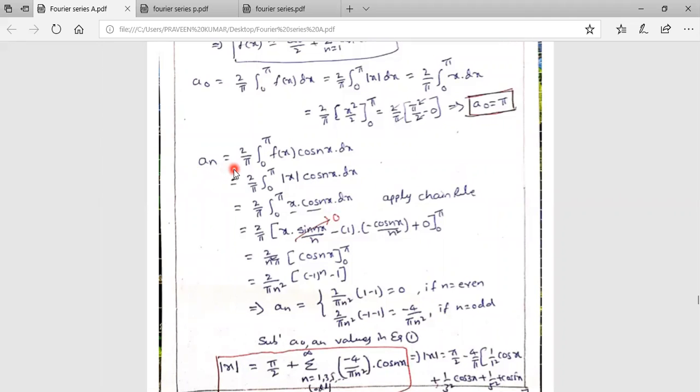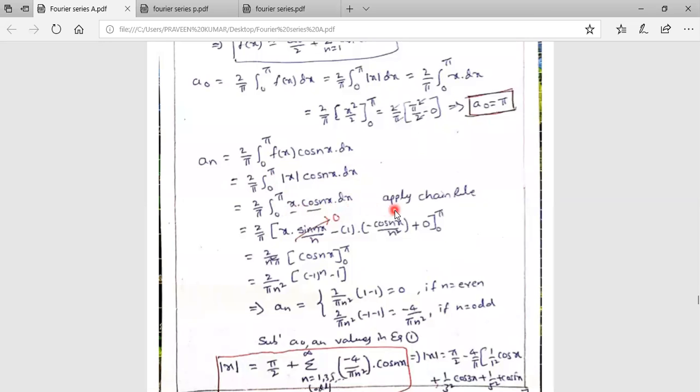Similarly, we need to find an. So an is equal to 2 by pi integral 0 to pi f of x cos nx dx. So f of x is the provided function mod x, cos nx dx. Since mod x is x, because all the numbers are positive, mod x becomes x cos nx dx.